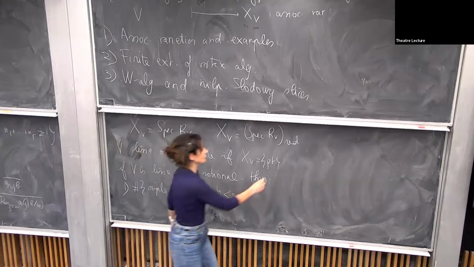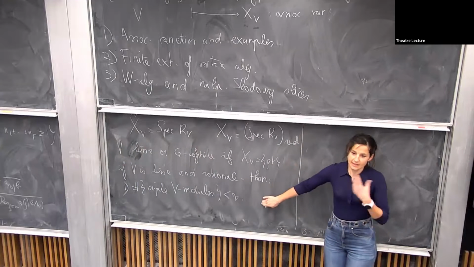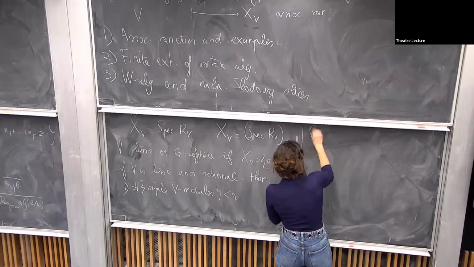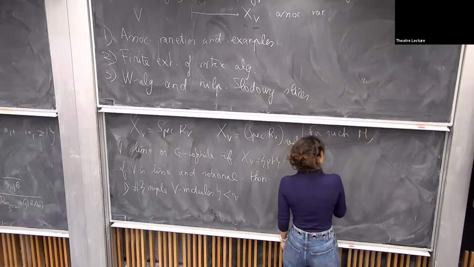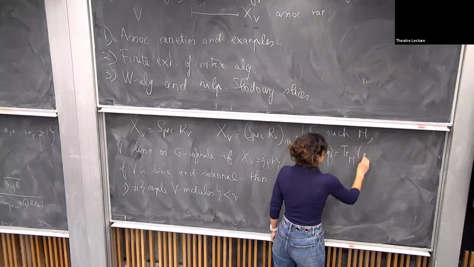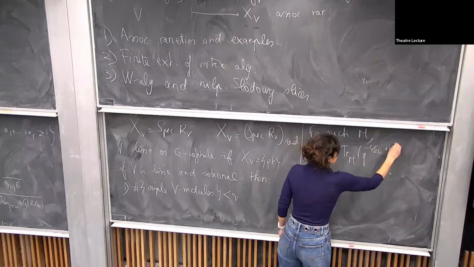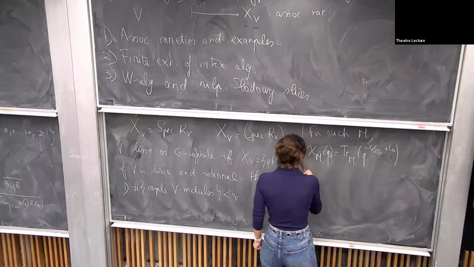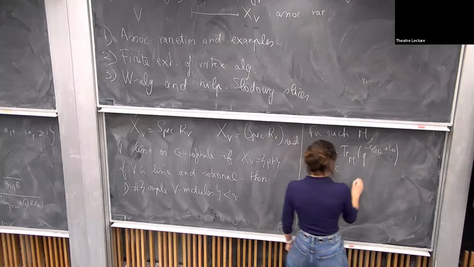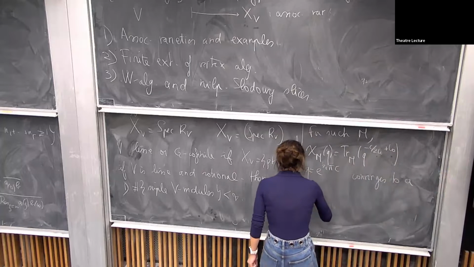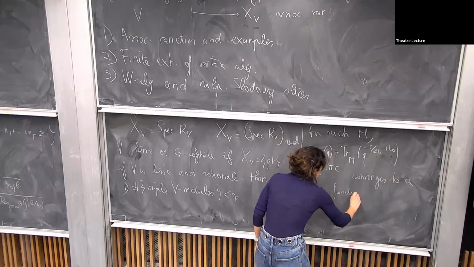And moreover, if you consider the corresponding normalized characters, they have very nice modular invariance properties. So for such a module, if you consider the normalized character, where c is the central charge, and L_0 is a semi-simple element coming from the Virasoro algebra, and q is like this, this function converges to a holomorphic function on the upper half plane.